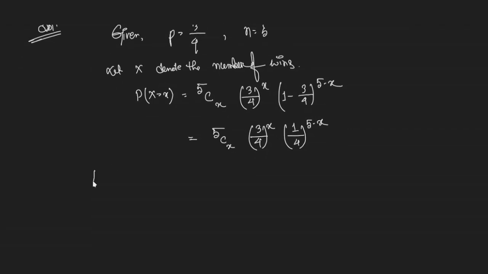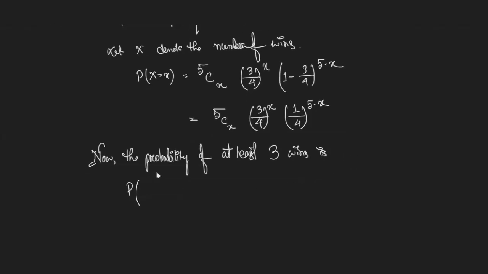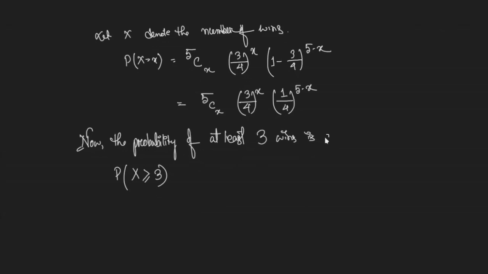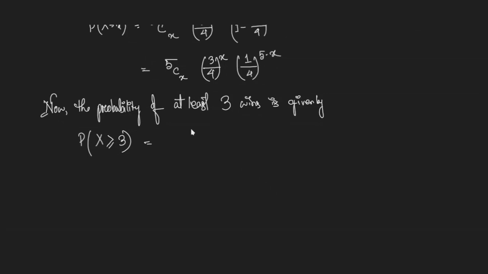Now we need the probability of at least 3 wins. At least means at least 3 wins are needed, so X is 3 or greater than 3.